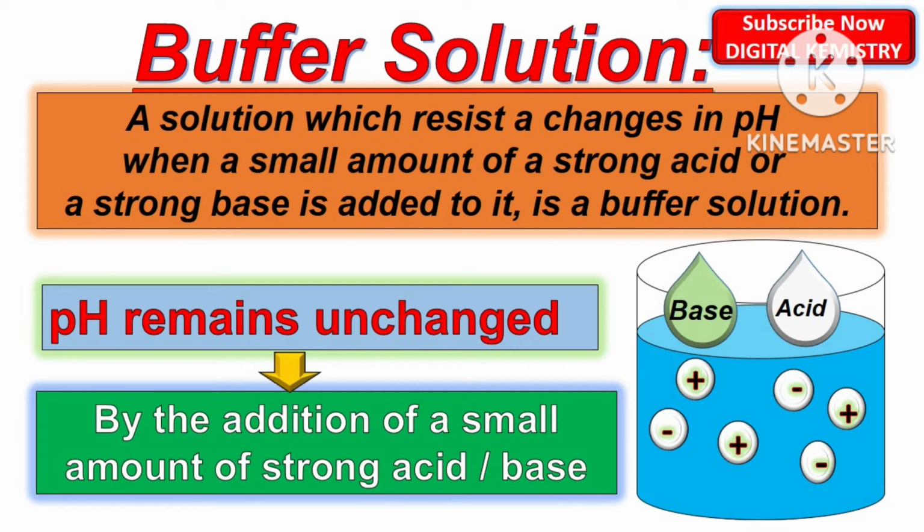Here finally you are getting pH equal to pKa plus log of the molar concentration of the conjugate base of the acid HA. HA was the acid, then its base will be A minus, meaning anion. So pH equals pKa plus log of conjugate base anion divided by molar concentration of HA.